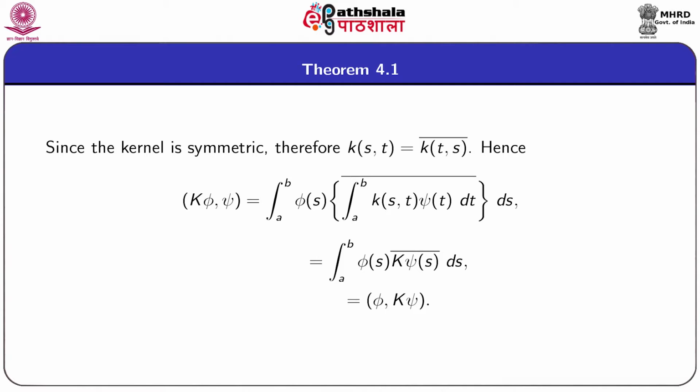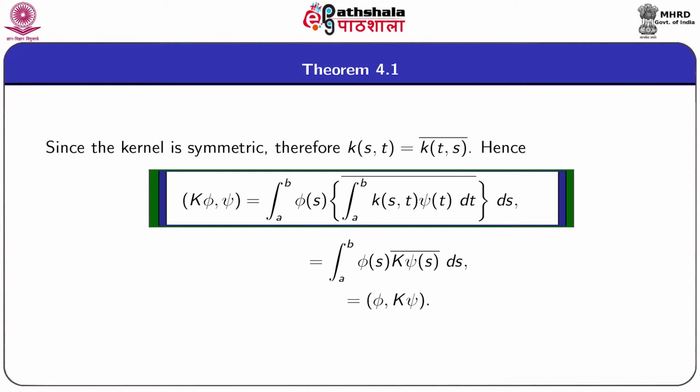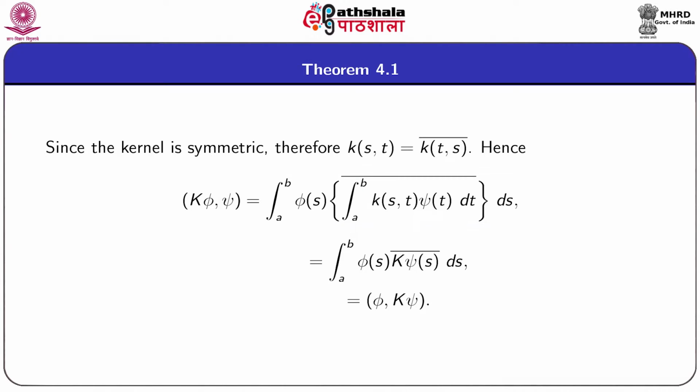So the inner product of K phi and psi is equal to integral phi(s) ds, and the inner integral is integral from a to b K(s,t) psi(t) dt, and bar is on the whole of inner integral, so that this can be written as integral from a to b phi(s) times (K psi)(s) bar ds, so that this is the inner product of phi and K psi. Thus we have proved that inner product of K phi and psi is equal to inner product of phi and K psi.